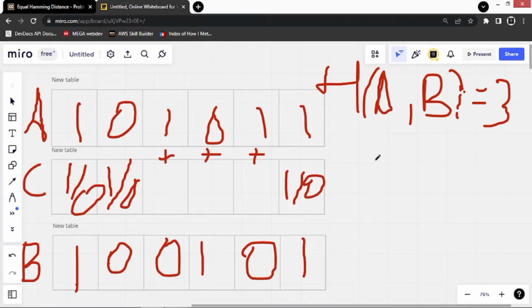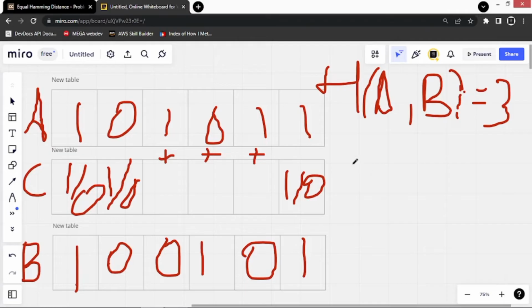So a good approach to this question would be to maintain an answer variable, and every time the positions where A and B are equal, we multiply that answer variable by 2, and like this we iterate through the string.